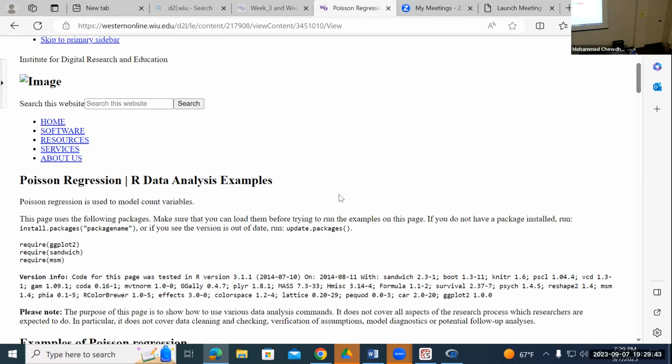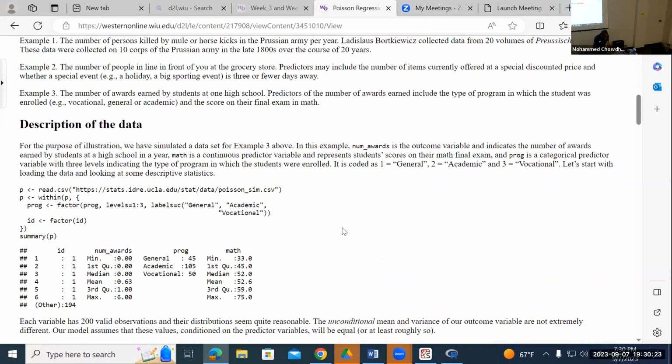Right? So in these data, we want to consider how the number of awards is affected by two variables. One is a continuous variable known as the math score. If the math score is high, is the number of awards higher or lower? Are you understanding? Another one is the type of education the students are enrolled in: general education, vocational education, and academic education.